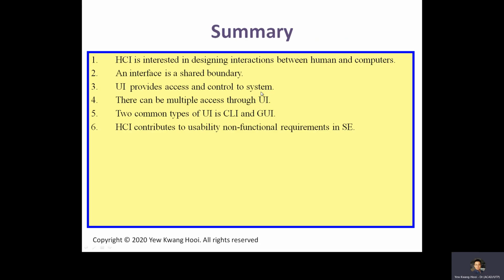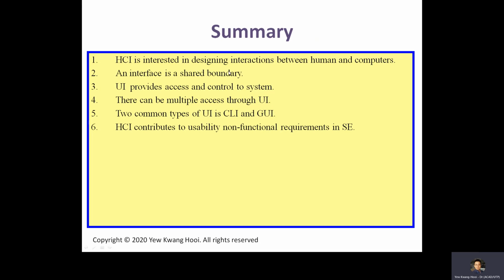Summary. HCI is interested in designing interactions between humans and computers. HCI provides the interface between humans and computers. It is a boundary that is shared by the human user and the computer. The human user gives the input, gets the output, and gives instructions through controls.